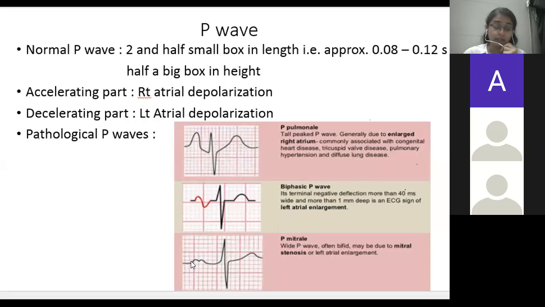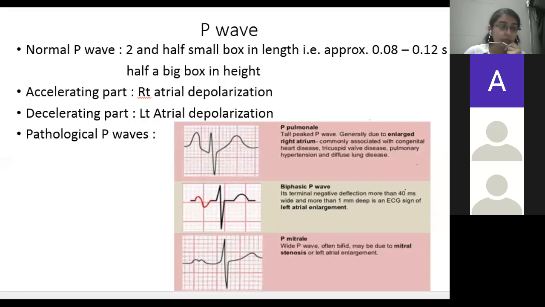So the left atrium will be contracting for a longer time, and the right atrium for a lesser time. So there will be a kink in the actual combined deviation, which you can see here. There's an M-shaped form. This is a bifid P wave, which is known as P mitral.